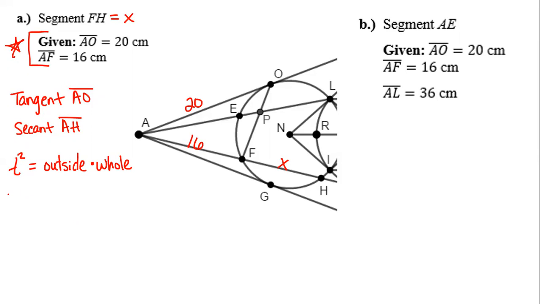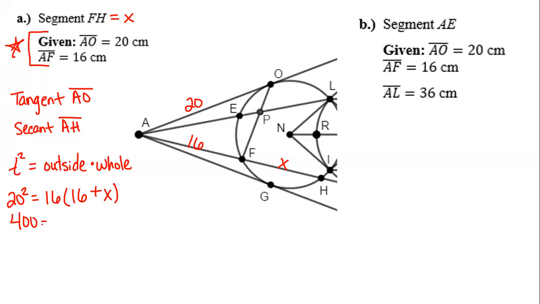So my tangent is 20, so 20 squared equals the outside, what is outside of the circle for my secant, which is 16, times the whole secant, AH, which is 16 plus x. That's the whole entire thing. So now we have some arithmetic to do.